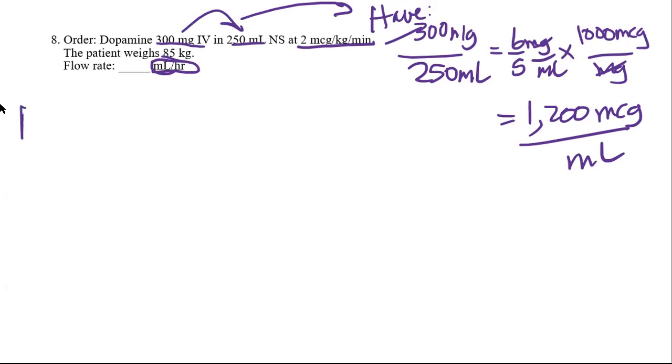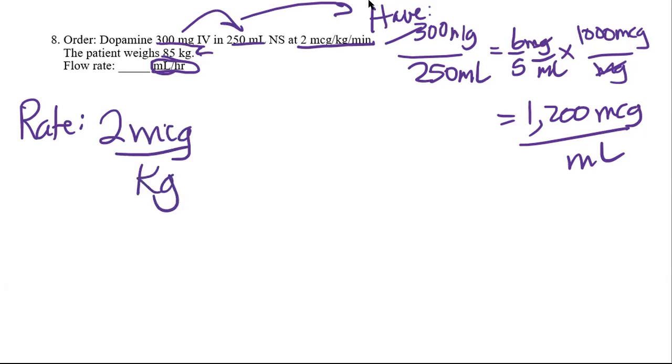Your rate. We start with the rate. We know that this is 85 kilograms, that's perfect because we don't have to do any conversions there. The rate is 2 micrograms, oops, let me fix that, micrograms per kilogram per minute. We're going to ignore minutes for a second. So we're going to go times 85 kilograms.